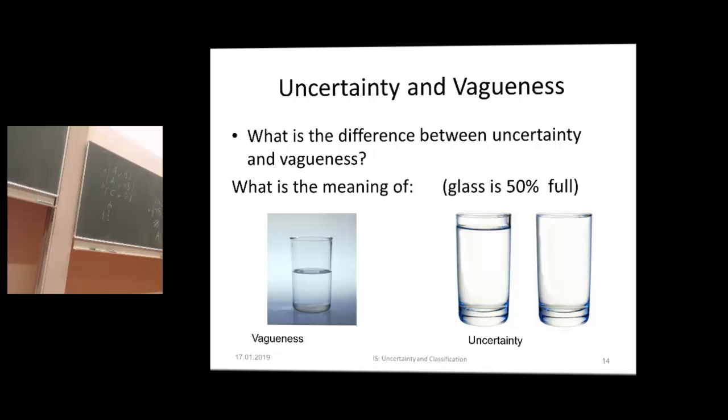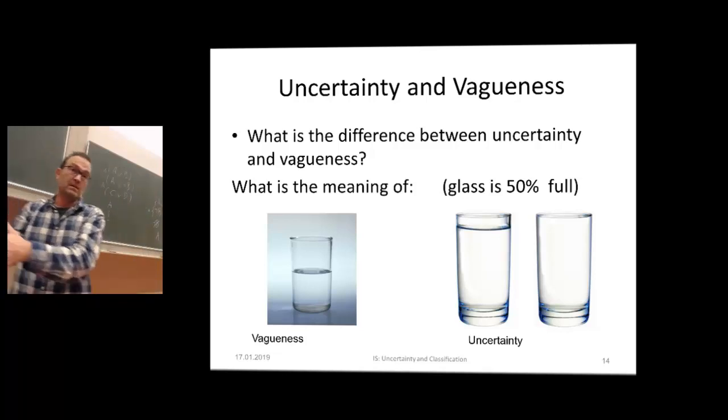In uncertainty, the glass is in a certain state, but I don't have enough information to say in which state it is. Whereas here, I know exactly, I can observe, I can measure, but still it's more useful to model this as half full, rather than 50.0001% full and 49.996% empty.